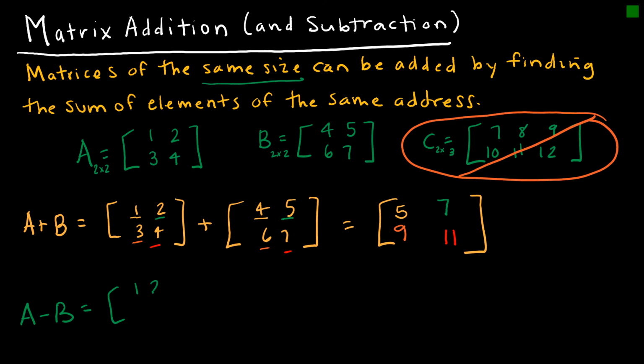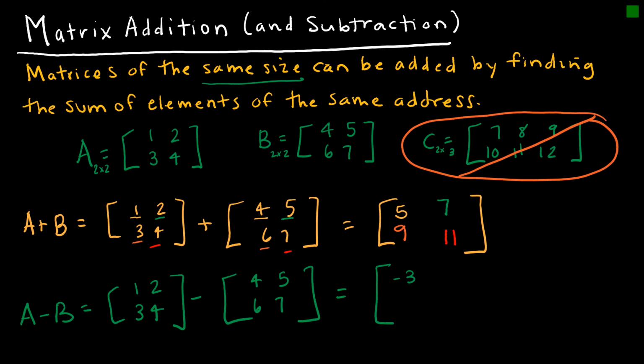I'm still just going to do a rewrite. 4, 5, 6, 7. And it's up to you if you want to just straight up subtract. 1 minus 4 obviously gives me -3.